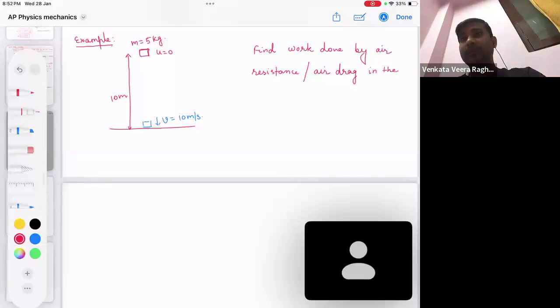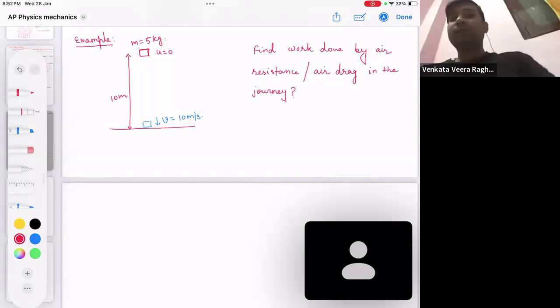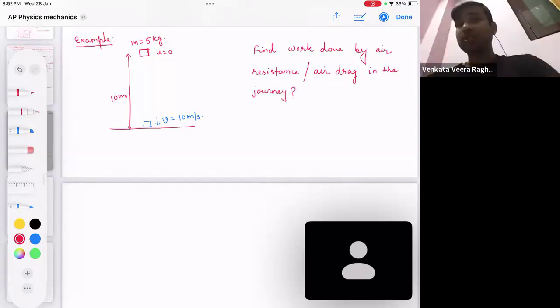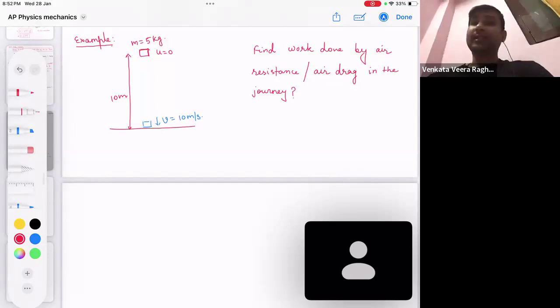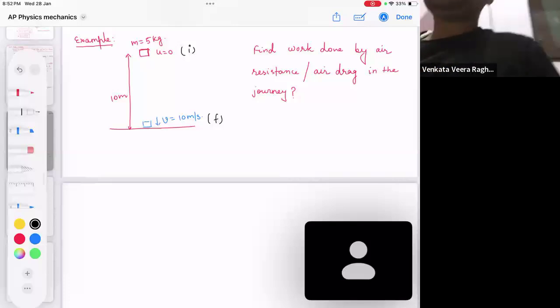So in this journey from initial to final point, earlier the velocity was known to us. Now again, in this question also, we know the velocity, initial and final, isn't it? Can I treat this as my initial point and this as my final point? Do I again know the initial and final point?